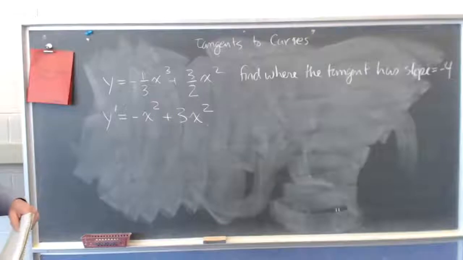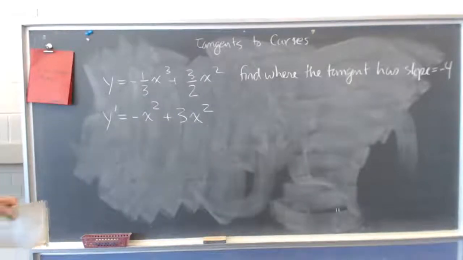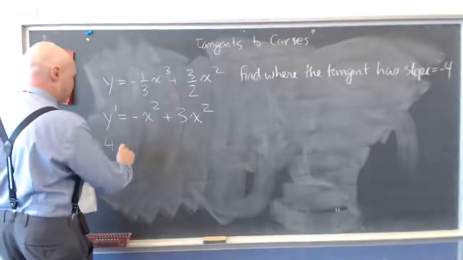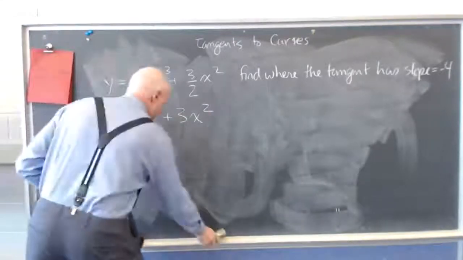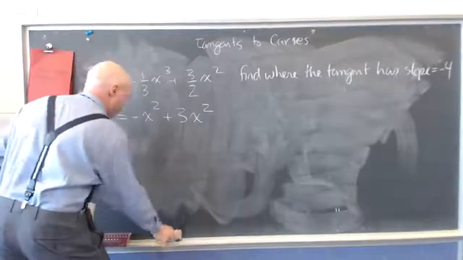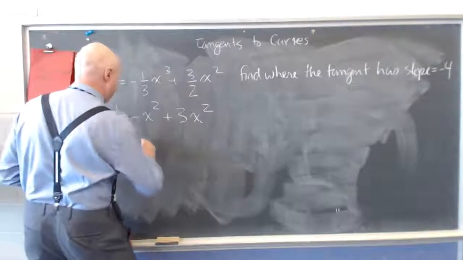Can you guys still hear me? Yeah, you can still hear me. Okay, so there's our derivative. Now the derivative tells us the slope at any point. So it's just a matter of plugging in the slope, and we're going to solve.